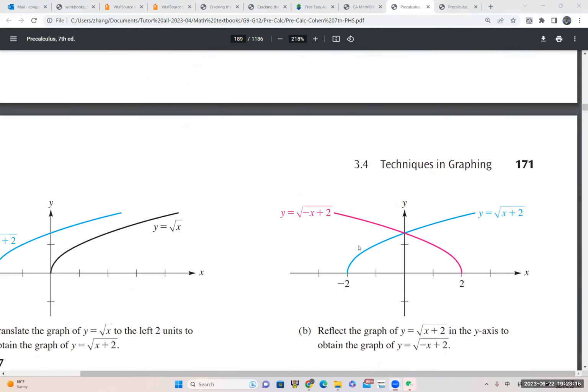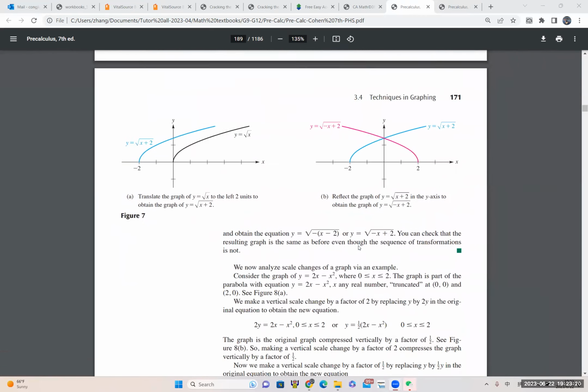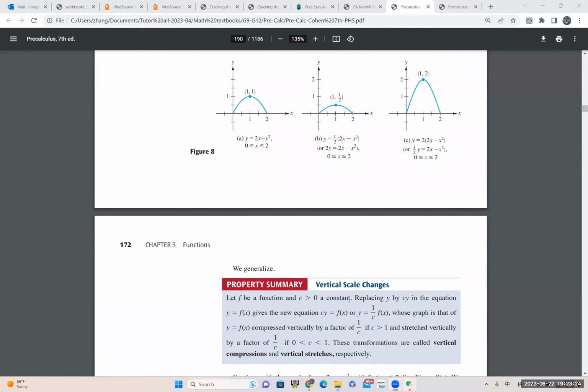Okay, anyway, so this section looks like it just talks about transformation, right? Vertical scale, vertical stretch or shrink, right?